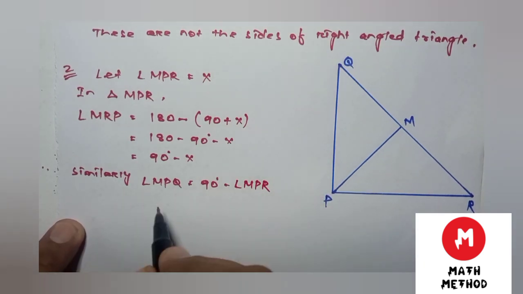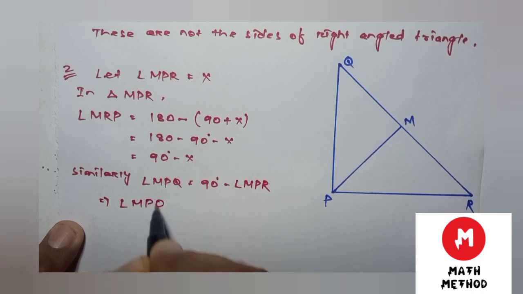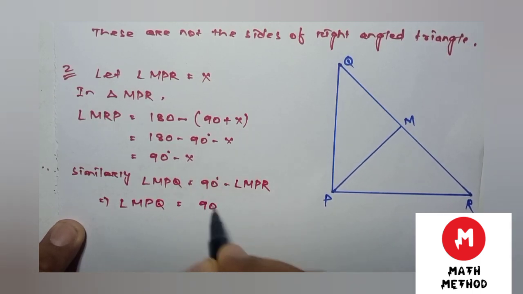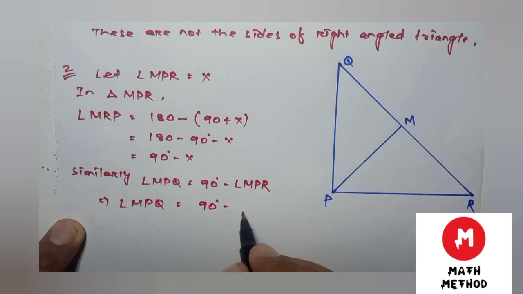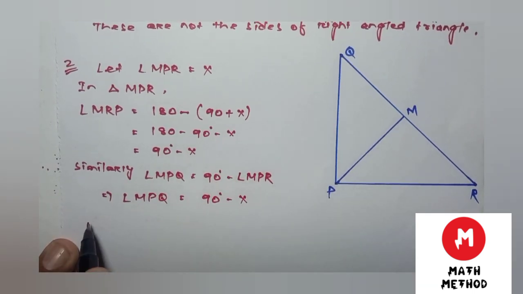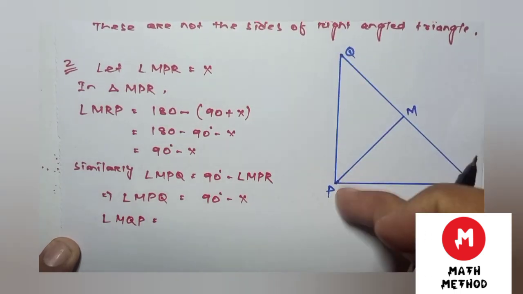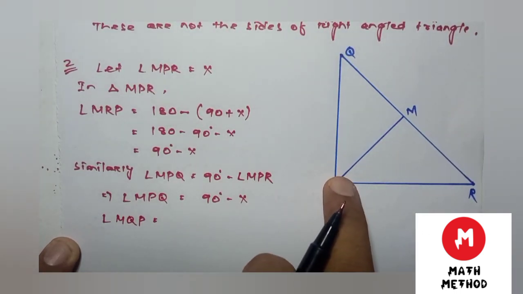Clear? So this implies angle MPQ is equal to 90 degree minus MPR, which is equal to X. So now another angle MQP is equal to 90 minus X. Clear?